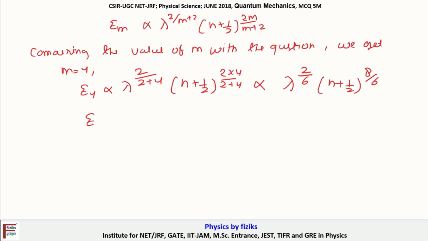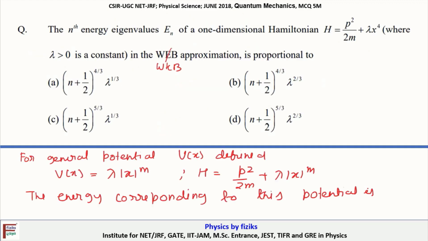So E n is proportional to lambda to the power 1 by 3, n plus half to the power 4 by 3. So let us check which option is correct. Option 1, lambda to the power 1 by 3, n plus half to the power 4 by 3.